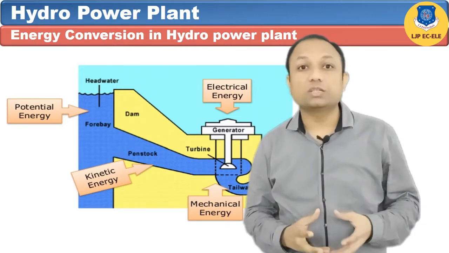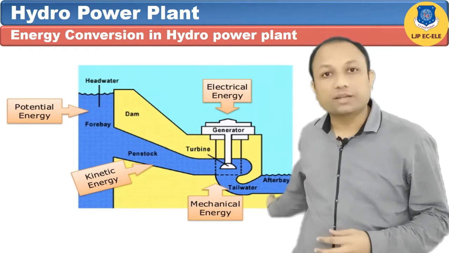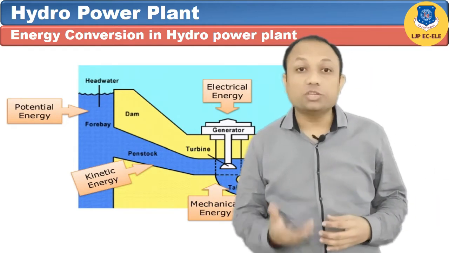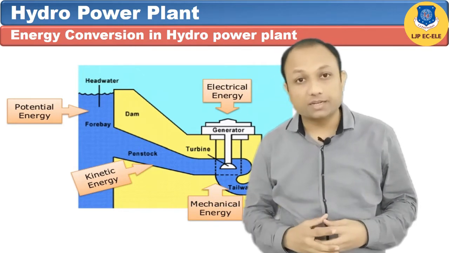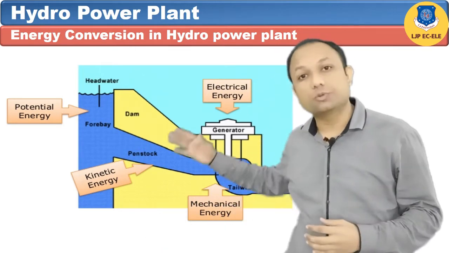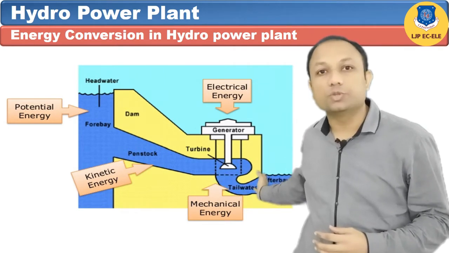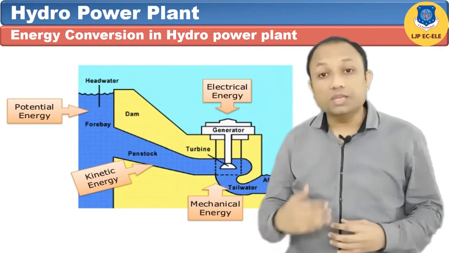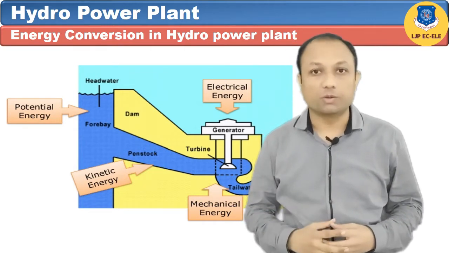The alternator coupled to the turbine converts mechanical energy to electrical energy. Thus, the potential energy of water at some height is converted to kinetic energy, the kinetic energy is converted to mechanical energy, and the mechanical energy is converted to electrical energy. So, in this way, the energy conversion takes place in a hydropower plant.